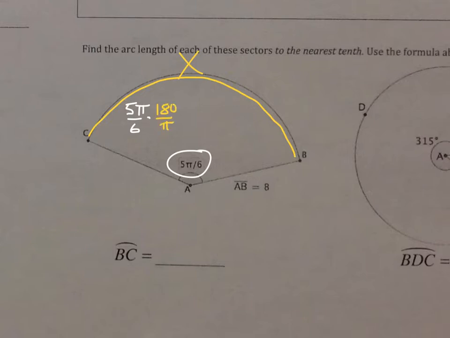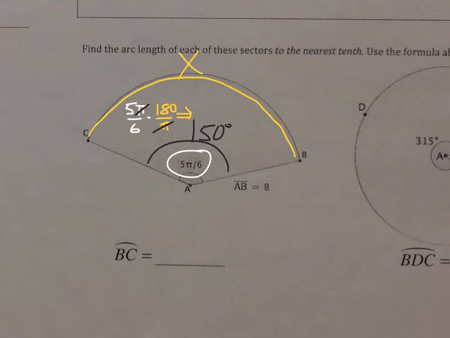Usually when we convert to degrees, the radians will disappear. And that means the pi would disappear. The pi's cancel out. 5 times 180 divided by 6 would be 150 degrees. So that's a quick conversion. Figure out that the central angle is worth 150.